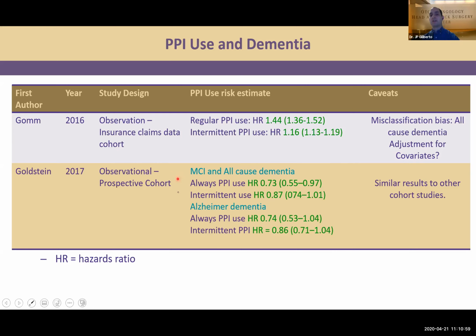And in this study, always or intermittent PPI use did not show any risk for mild cognitive impairment, that's what MCI stands for, all-cause dementia or Alzheimer's dementia. And there are 3 or 4 other similar cohort studies that echoed those findings.